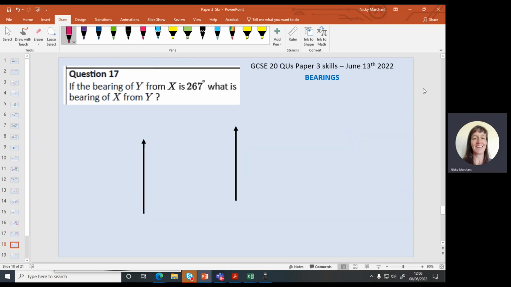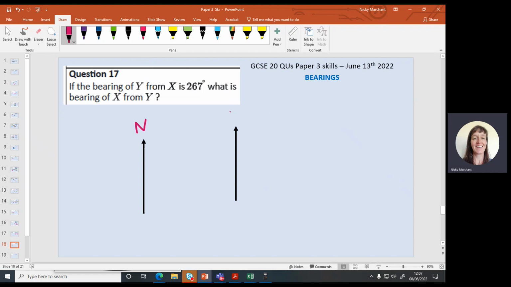So this is another area that lots of mistakes get made. There is a slide in the big revision PowerPoint coming out that has got the rules of bearings. And the first rule is that bearings are always measured from north.